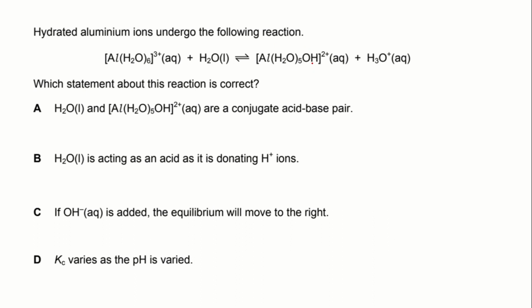So the difference will be 1 proton. So the species on the left loses 1 proton and became the species on the right hand side. So these two complex ions of aluminium, they are a conjugate acid-base pair.